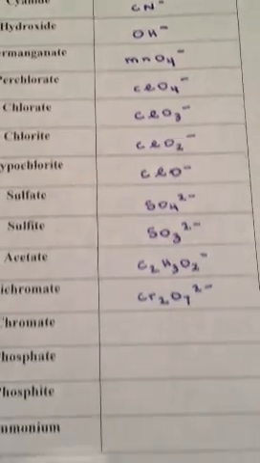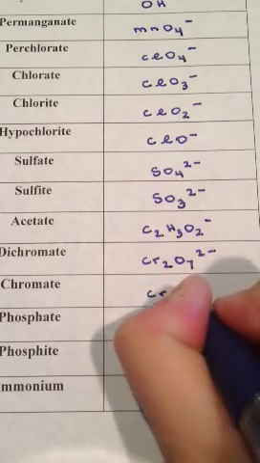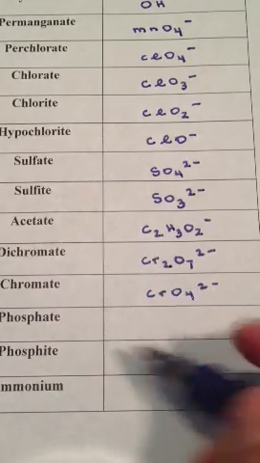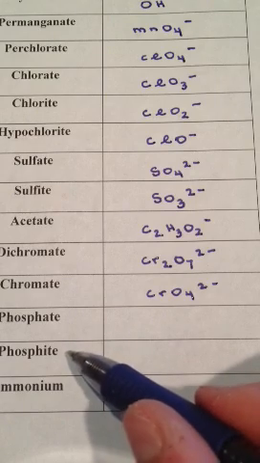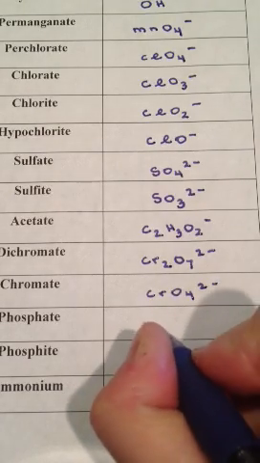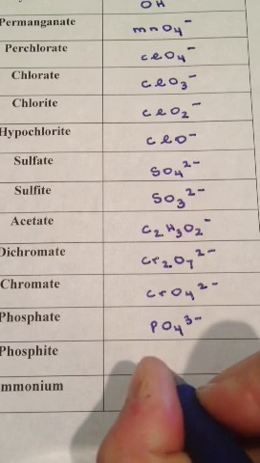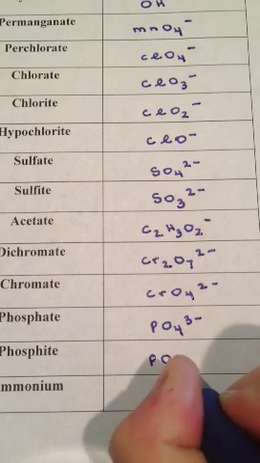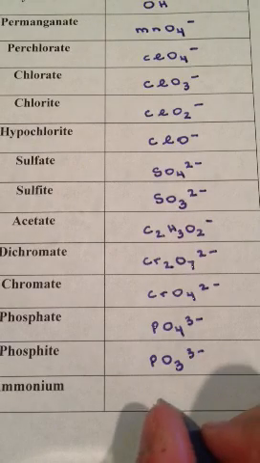Okay, chromate, which is CrO4 2-. Okay. Phosphate, phosphite, only difference is that they have a different number of oxygens. So PO4 3- for phosphate, while phosphite is PO3 3-. And the last one, which we're going to use a lot, is NH4 with a plus.